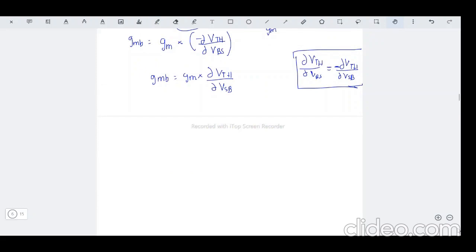So we are able to express GMB in terms of gm.